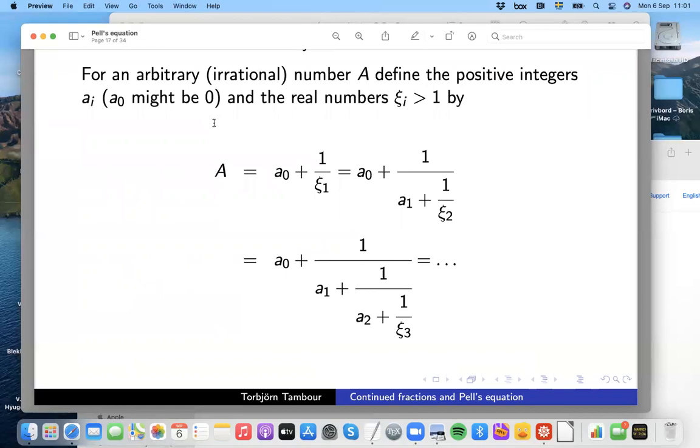And you have your identity that your number A you start with equals, say, the first integer A0, which is its integer part, plus 1 divided by xi1, or after 2 steps you have A0 plus 1 over A1 plus 1 over xi2, and so on.